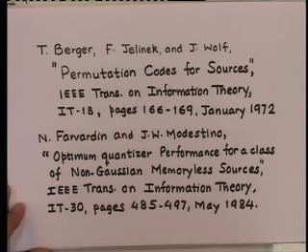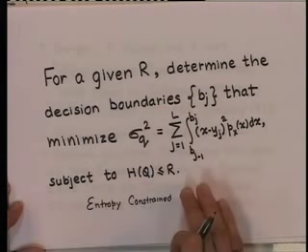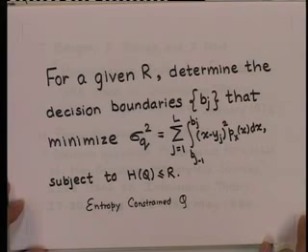Now, for details one can refer to the following paper by Farvardin and Modestino, which appeared in IEEE Transactions on Information Theory in the year 1984. So, in general, the design of an entropy constraint quantizer is a little more complex.